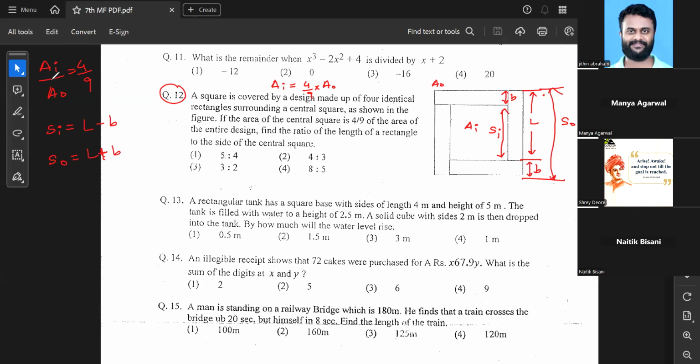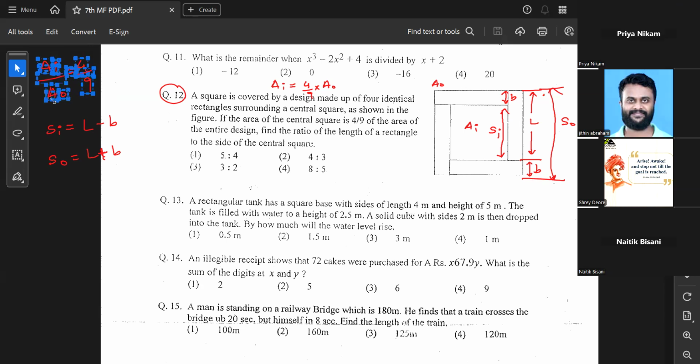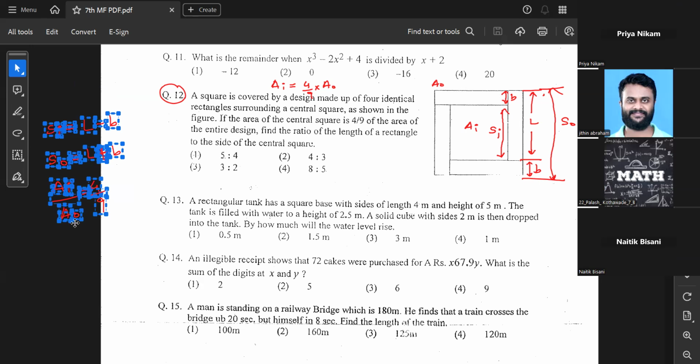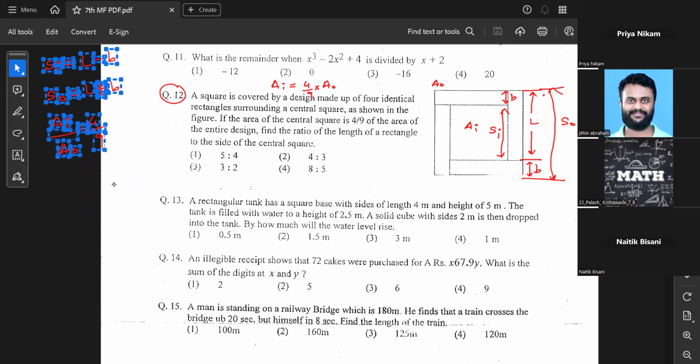Now you have the ratio of these two squares. Sir, so we get that L minus B the whole square upon L plus B the whole square will be 4 by 9. Correct. So instead of area of inner square, I'll put side square, and instead of area of outer square, I'll put side square, that is equal to 4 by 9.